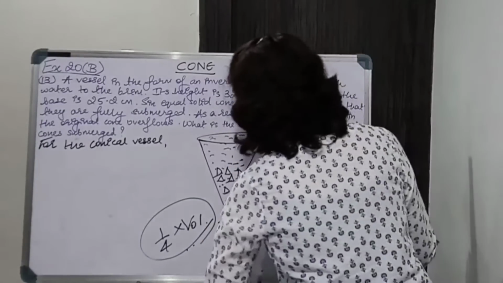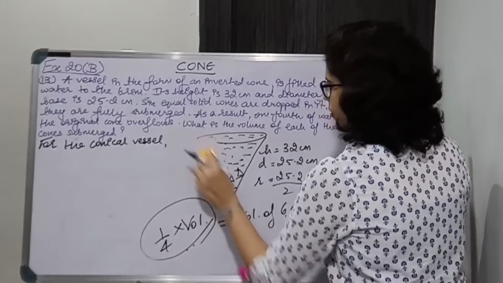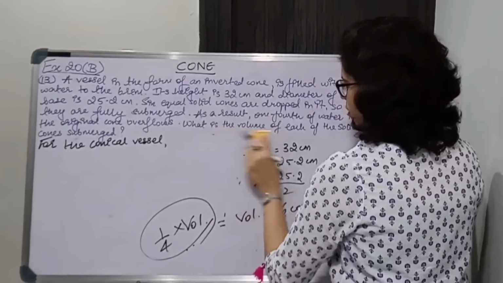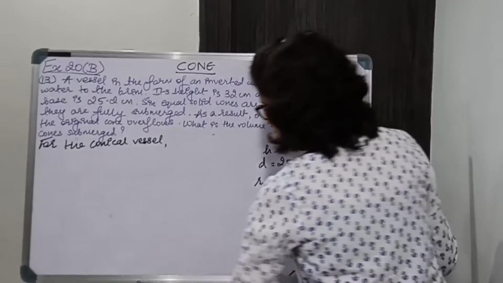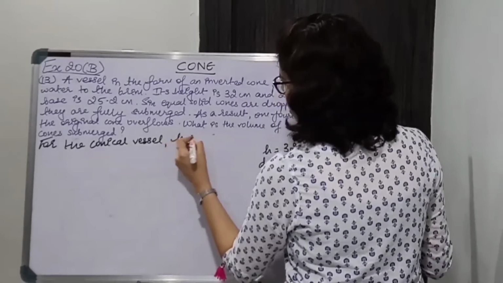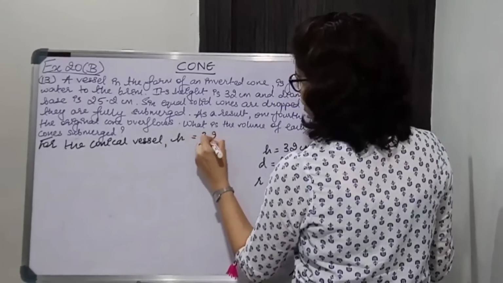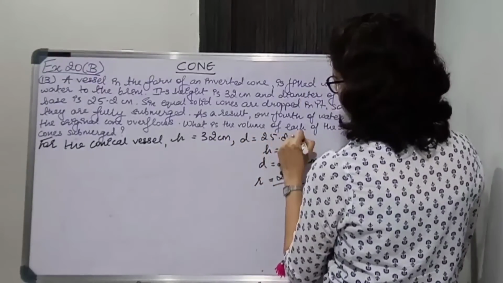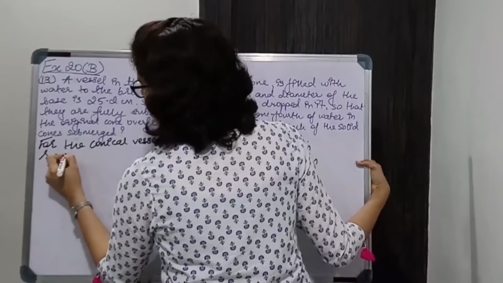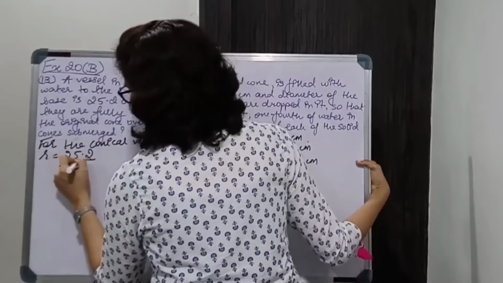It is written here. So height is 32 centimeter and diameter is 25.2 centimeter. So r is 25.2 upon 2.